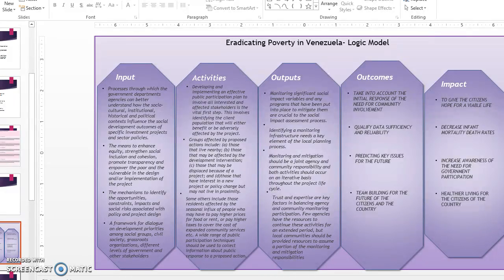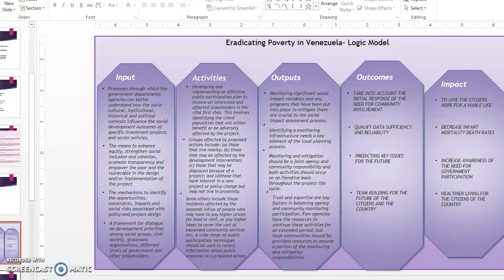The output would monitor the significant social impact and identify the infrastructure within the country. Trust and expertise are key factors in balancing this agency.